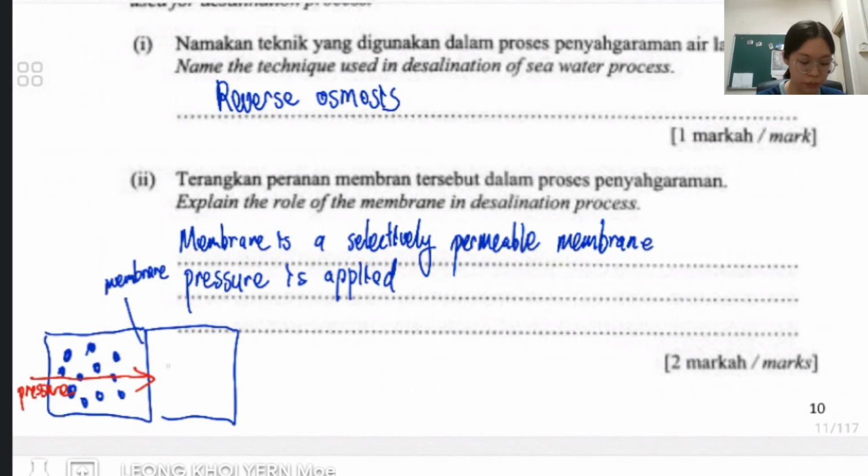The ones that can pass through are the water. Meanwhile, the salt stays behind the membrane. They can't pass through. So you have to apply the pressure to push the seawater.